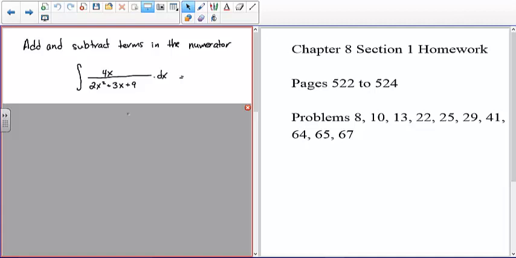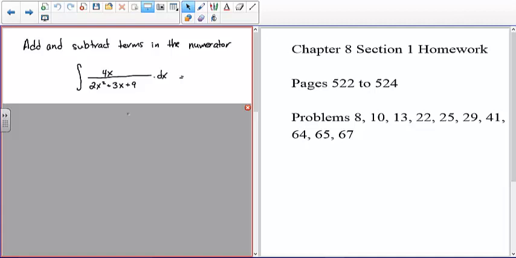It's not so easily factored or put into a completing the square, but if you look at the derivative of the denominator, it's not exactly equal to the numerator. It's pretty close. You get the 4x part by taking the derivative of 2x squared, but there's no 3. So this is kind of an easier version of what we already know how to do.